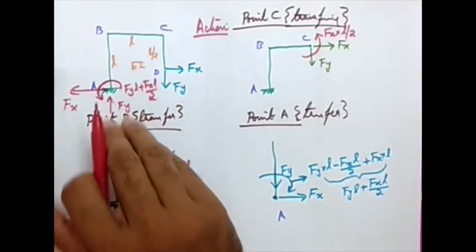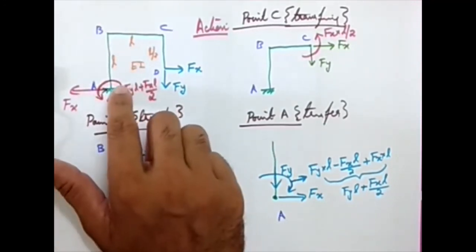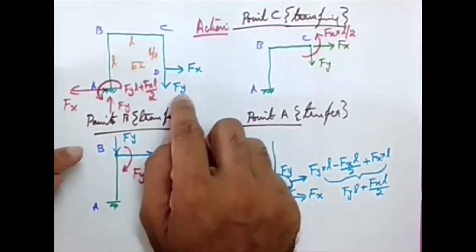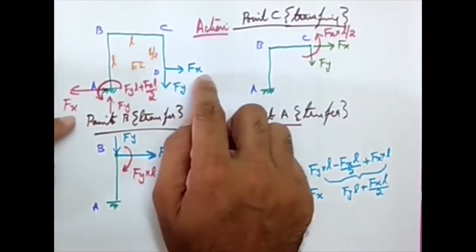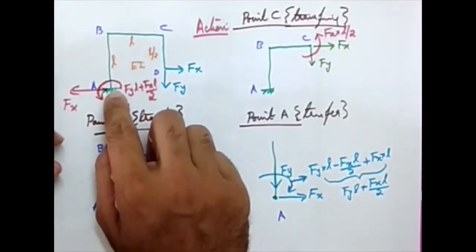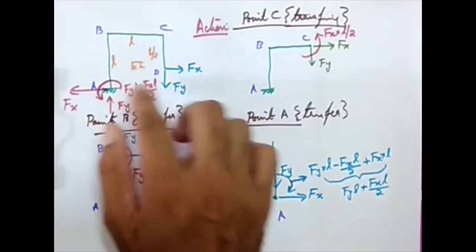Say I'm using the equation sigma Fy equal to 0: Fy upward, Fy downward, that is plus Fy minus Fy, 0. Sigma Fx, Fx to the left, Fx to the right, 0. Now if I take moment about this point, I'm again going to get the value as 0. So this is a system in equilibrium.